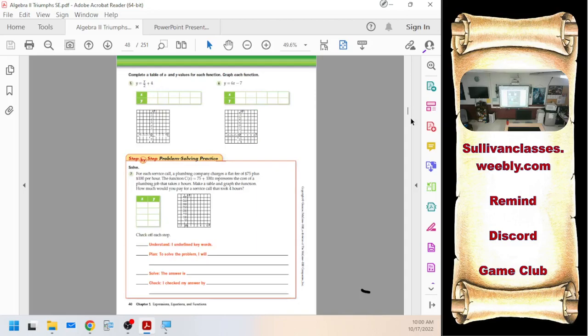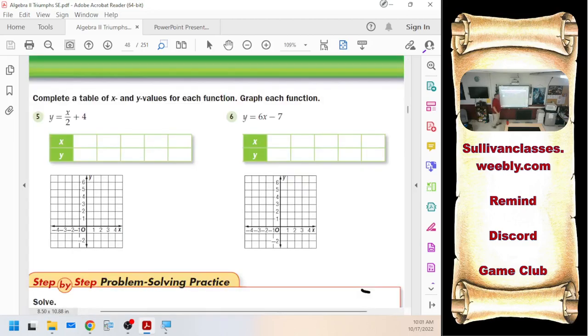Okay. So we left off on page 40, right? Did you get these top two done? We had time to do those at the end of class. Everyone? Okay.